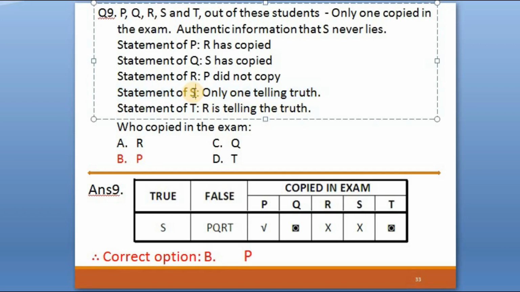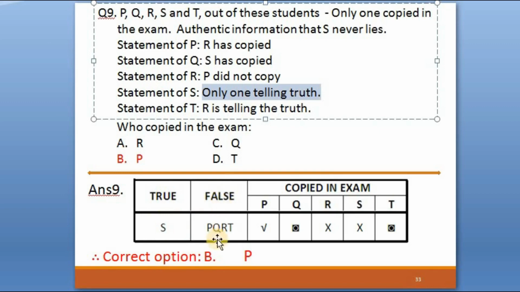So S is actually true here, because he never speaks lies. And he is saying that only one of us is telling the truth. If only one is telling the truth, it means S is speaking the truth and all others are speaking lies, right? So these are the first 2 columns we have framed here from the given information.